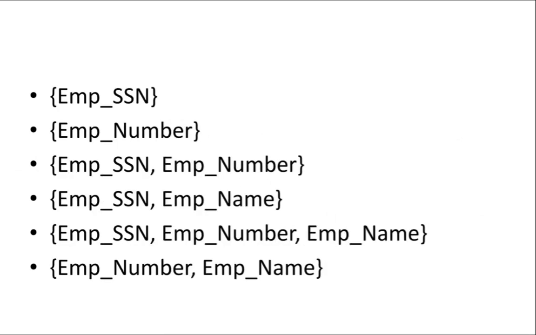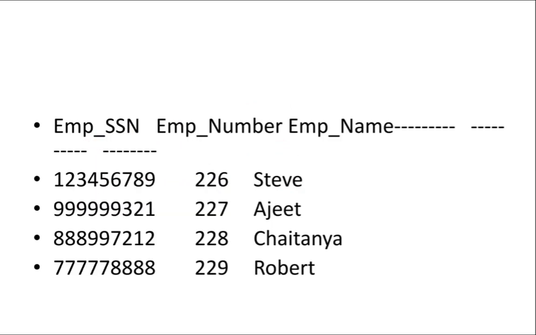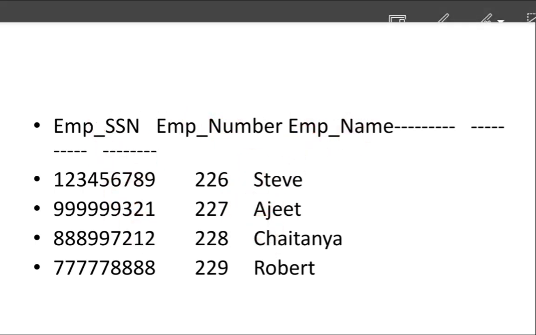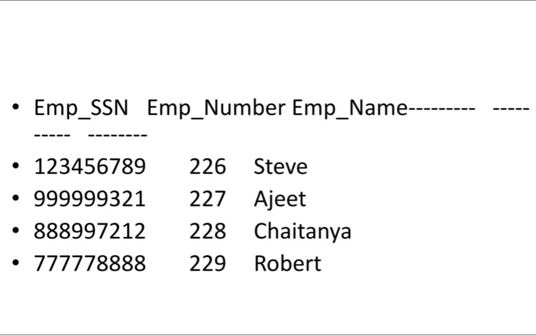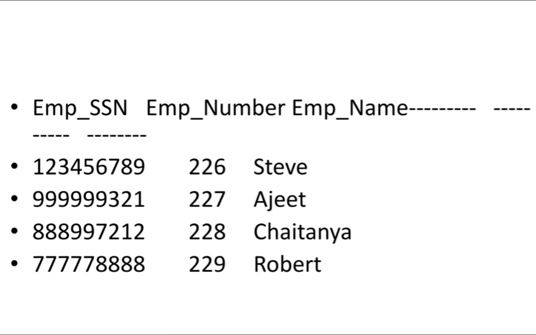For example, in a super key, if I remove employee name also, I can identify individual records using employee SSN and employee number. In the same way, if I remove employee number here, I can identify the record using only simple employee SSN. That is possible. You can see, even if I don't have any of these 2 attributes, I can easily identify records just by using this employee SSN.